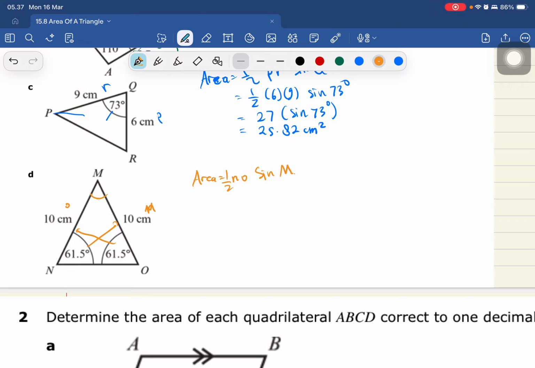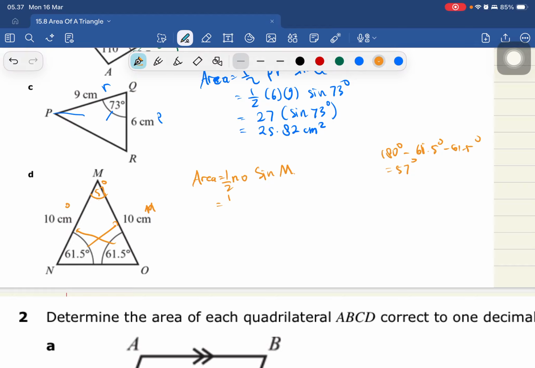So we need to find this angle: 180 degrees minus 61.5 and then 61.5, so it's 57 degrees.